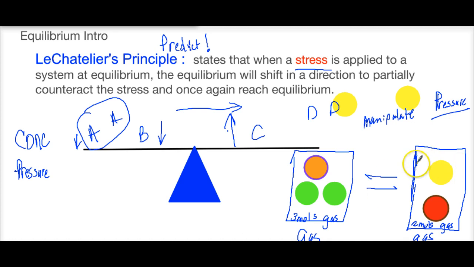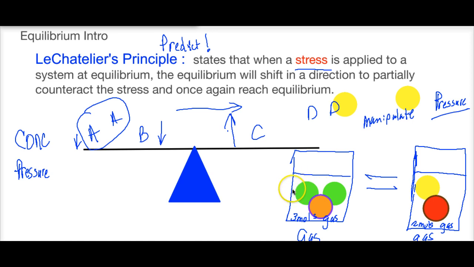So if we reduce the volume of our container, just pretend that's half, now we've squished these things closer in contact with each other.